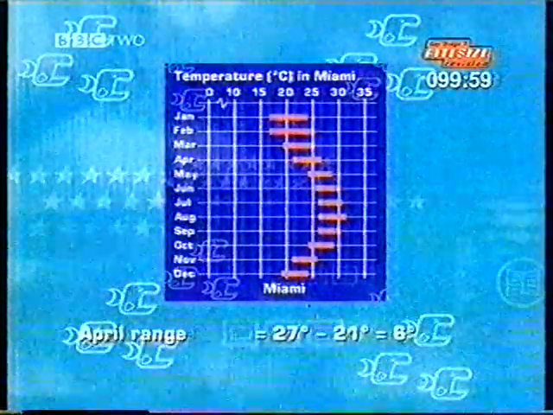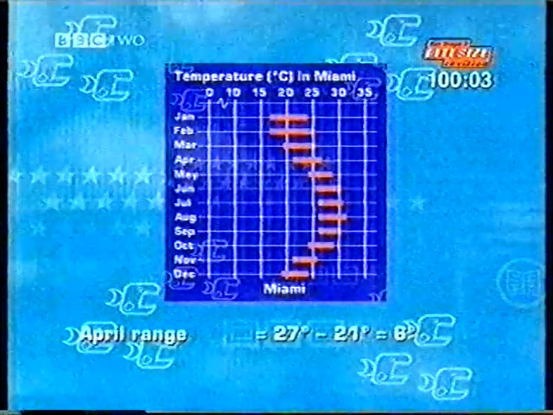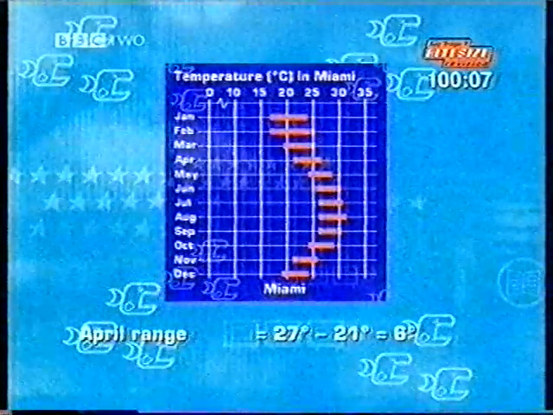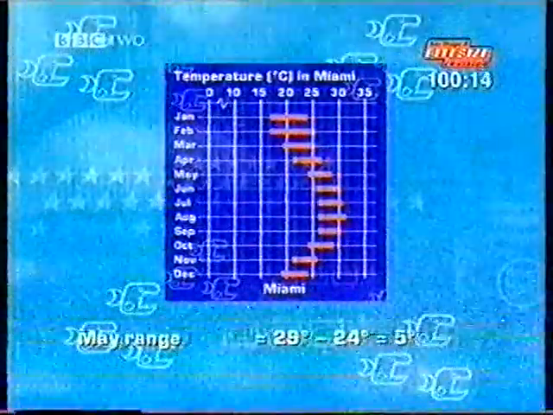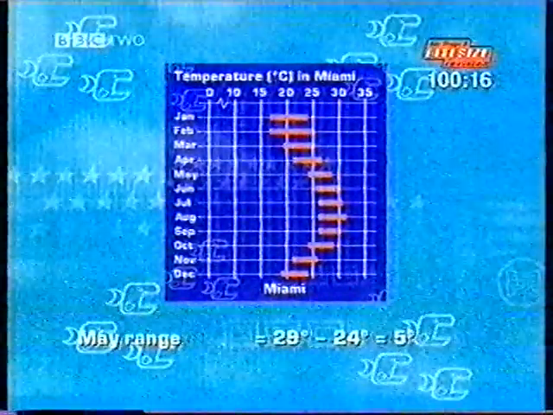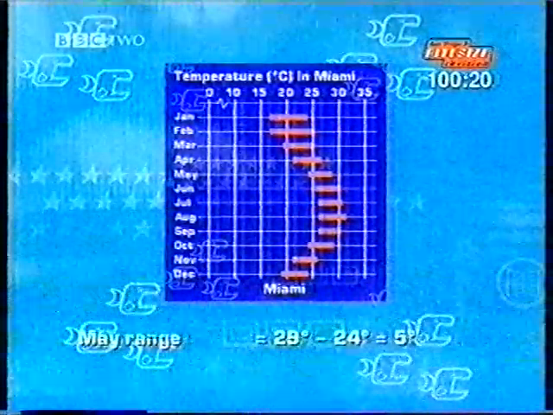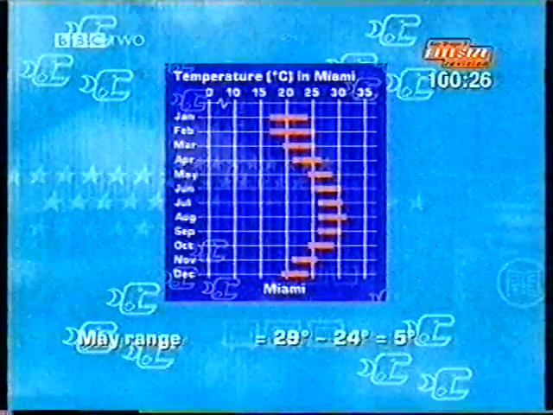Then in April, the temperature ranges from 21 to 27 degrees. So that's a range of 27 subtract 21, which is also 6 degrees. In May, the temperature ranges from 24 to 29 degrees. So that is a range of 29 subtract 24, which is 5 degrees. We found our first month, other than July, with a range in temperature of 5 degrees.